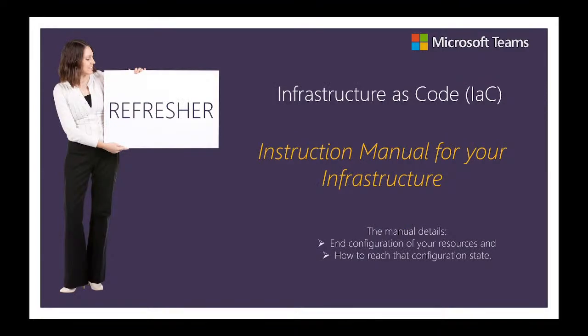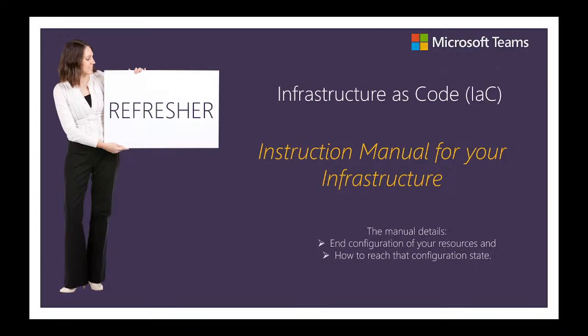So, what is infrastructure as code? The best statement that I could figure out was from Microsoft Docs. There is a doc on Bicep, and it has fantastic information on what IaC is. They say infrastructure as code is nothing but an instruction manual for your infrastructure. I hope everybody goes to IKEA and gets new furniture for your house.